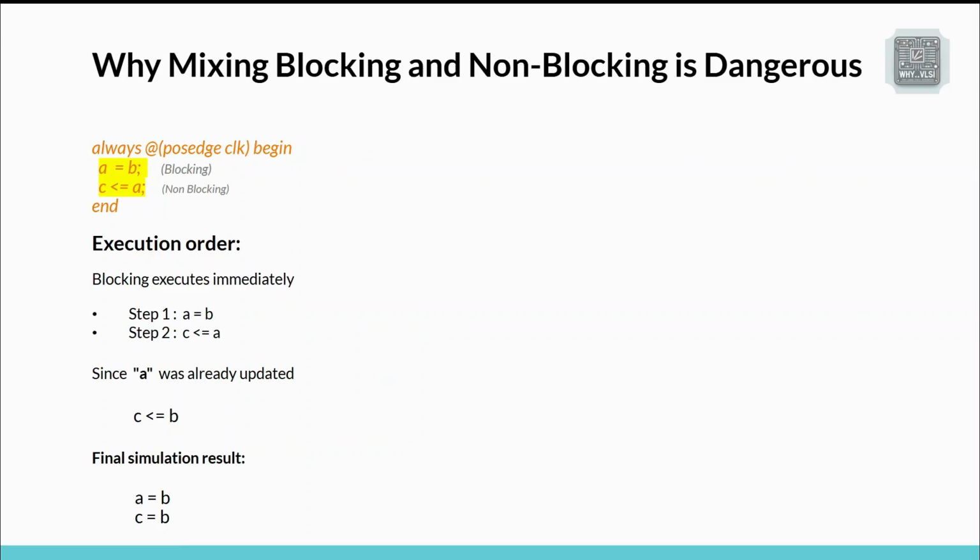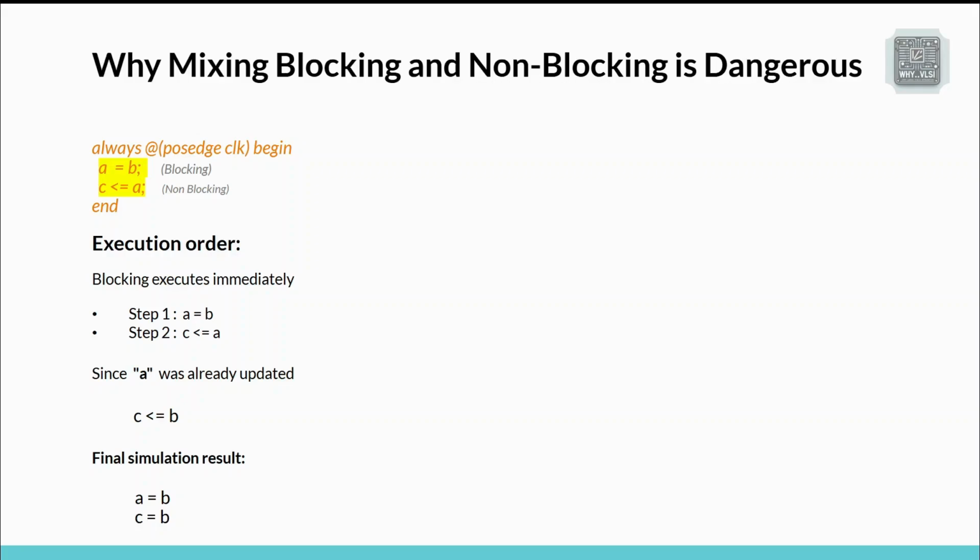This example shows why mixing blocking and non-blocking assignments can create serious RTL bugs. Let's look at this code carefully. Inside a clocked always block, we first assign A equal to B using the blocking assignment. Because blocking assignments execute immediately, A gets the updated value of B right away.